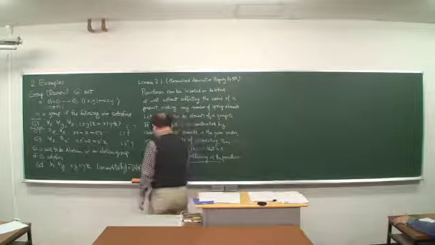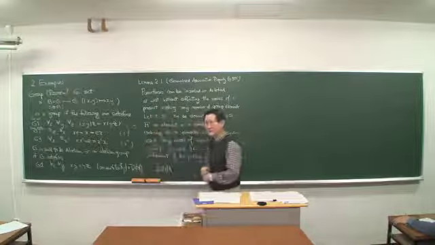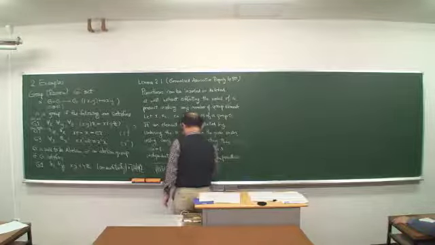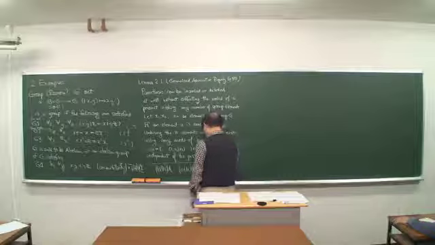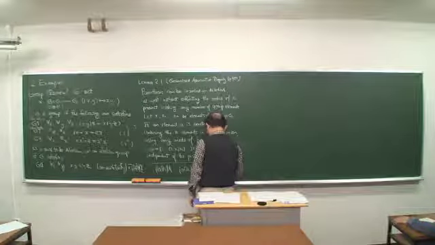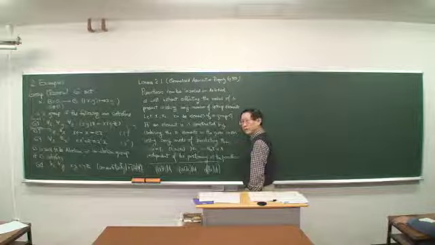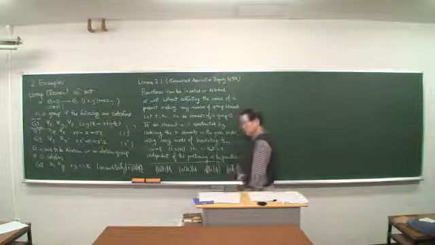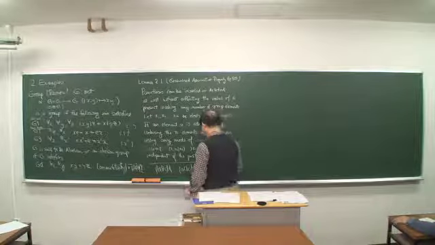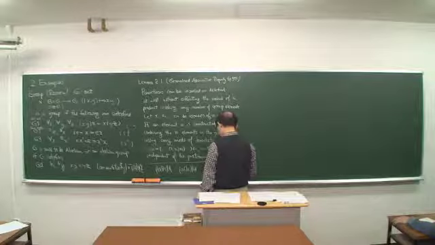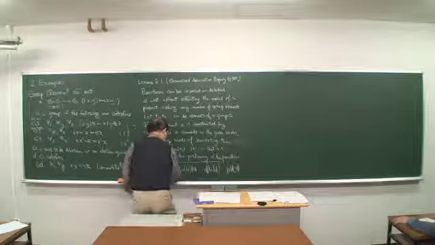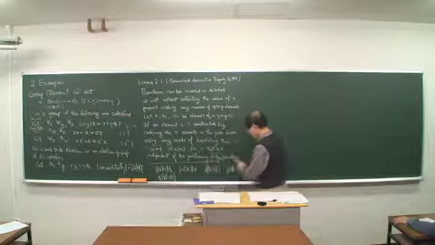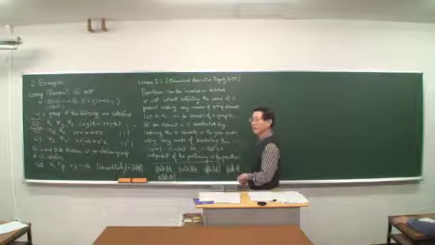For example, the first one is this type of thing, and the other one is A, B, C, and then D, and the other one is A, B, C, D, and then this type of thing, and also this one. 1, 2, 3, 4, 5. There are some more.